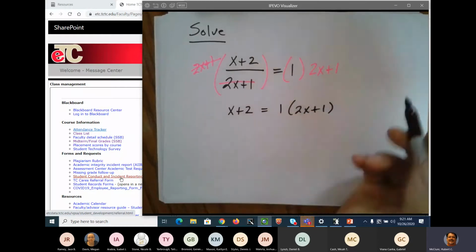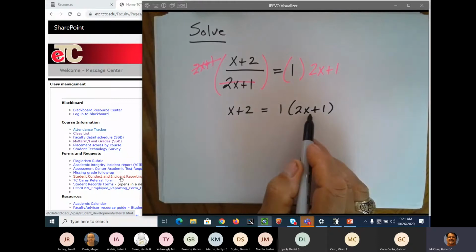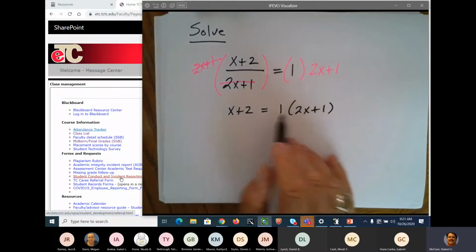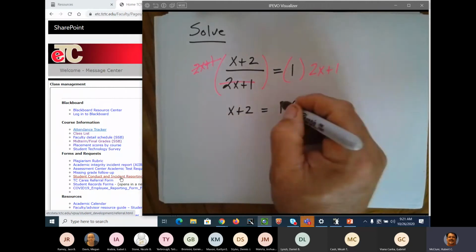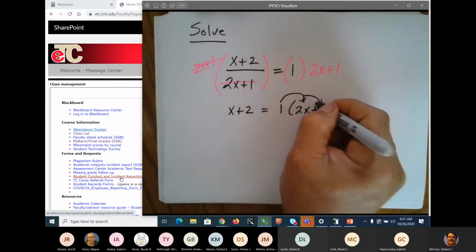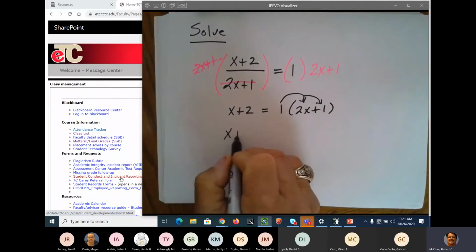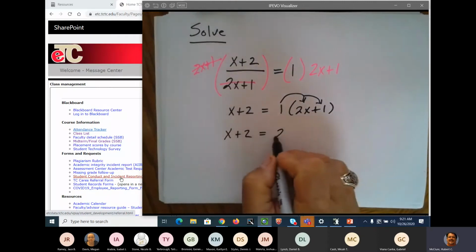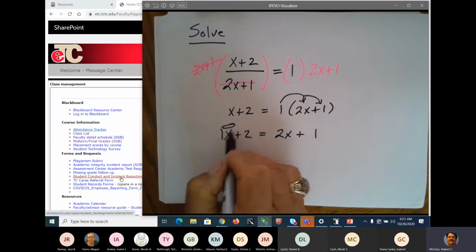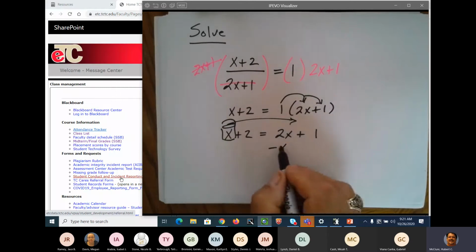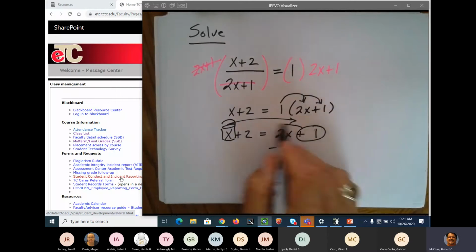So that'd be x plus 2 is equal to 1 times 2x plus 1. Now, I know that the multiplicative identity is not going to change anything. But the reason I'm writing this out is because if this was a 2 or a 4 or a -6, you would need to distribute. So x plus 2 is equal to 2x plus 1. Where's the smallest bucket? Smallest bucket is on this side. I'm going to move it across the river and move the 1 across the river.